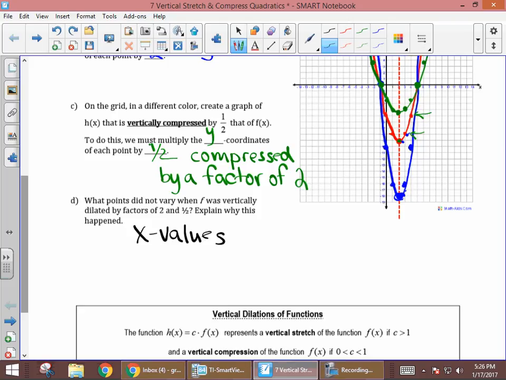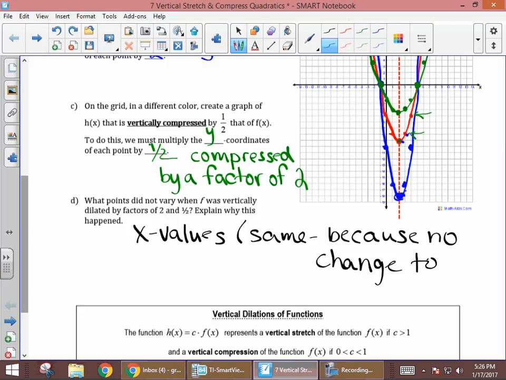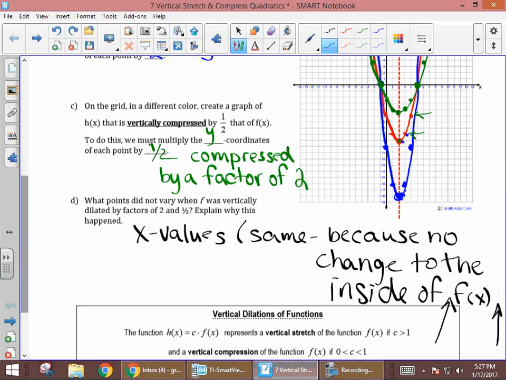The x values stayed the same. They were the same because we had no change to the inside of f of x. The only changes took place on the outside.